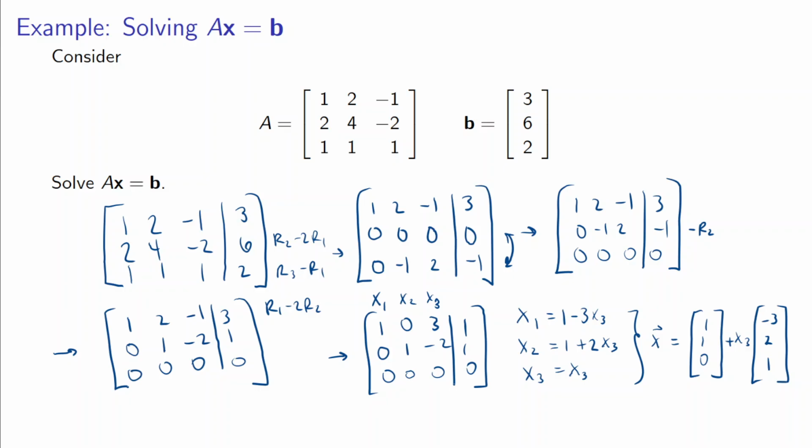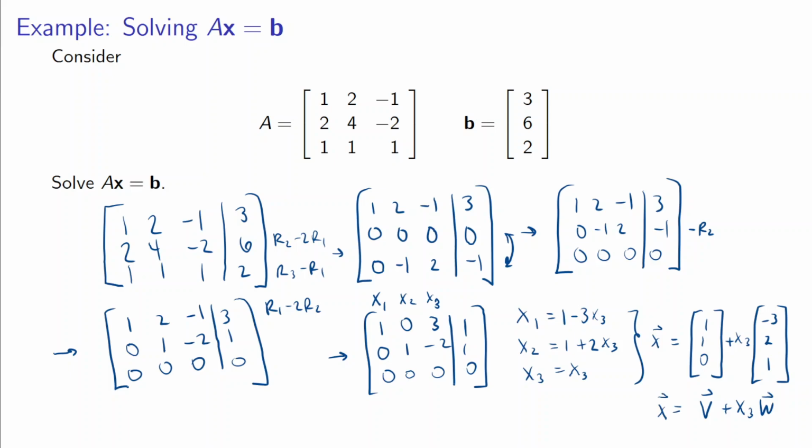Basically what we can see here is that all of our solutions are going to have this form where we've got this vector 1, 1, 0, and we are adding constant multiples of the vector -3, 2, 1. If we're thinking geometrically about what that might look like, we'll call this vector v, plus x3, which is a constant, any scalar we want, it's a free variable, times w.